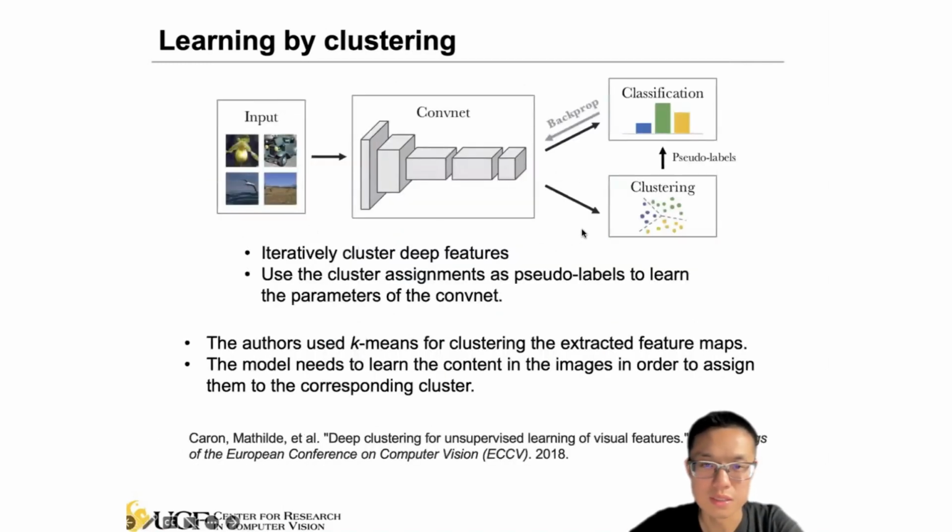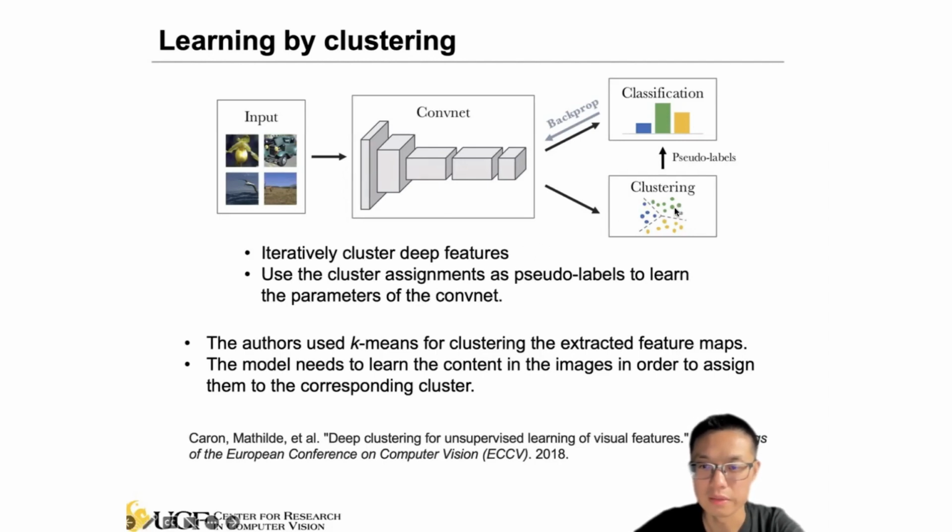And clustering is another method. In this paper, they have the unlabeled input, go through this CNN network and generate some feature representation, a feature embedding. Based on the feature embedding, you can do unsupervised clustering. You can use some clustering algorithm like k-means to form k clusters.